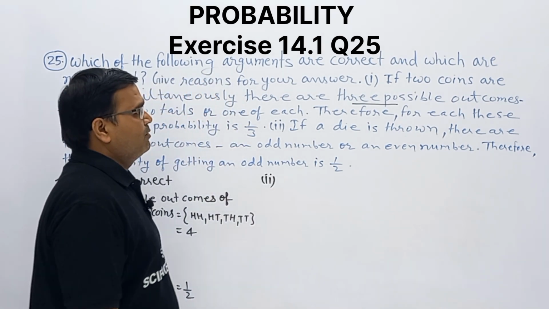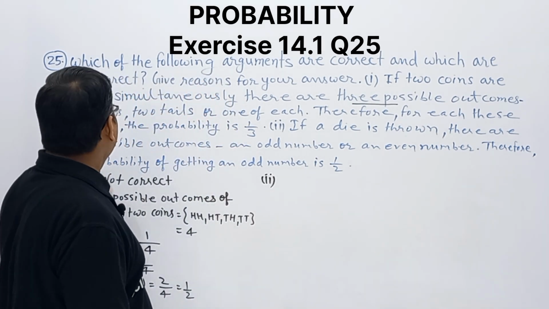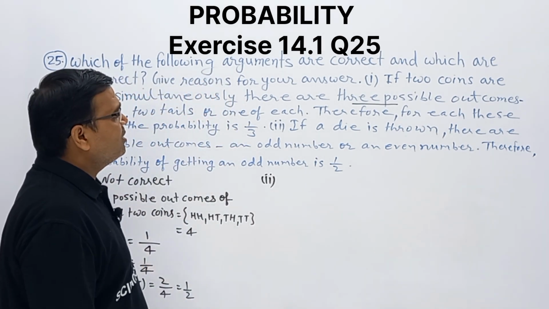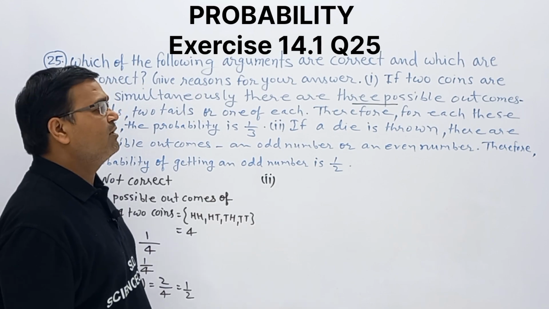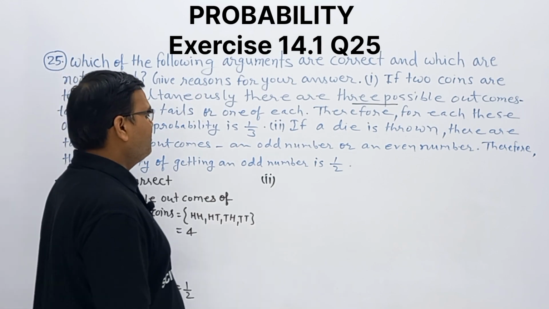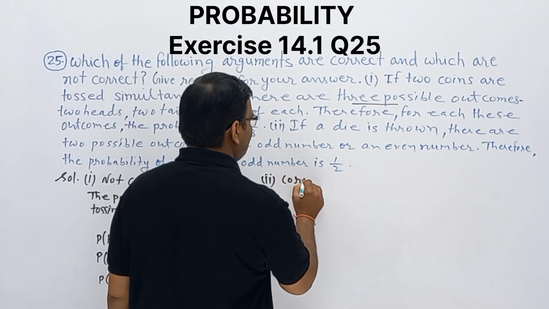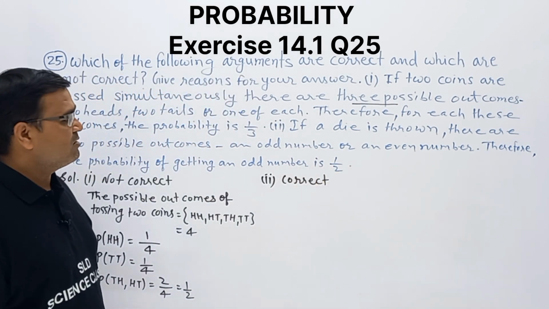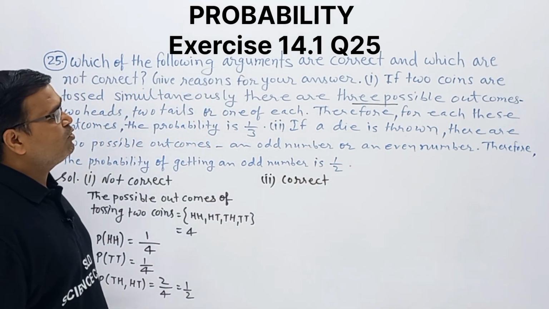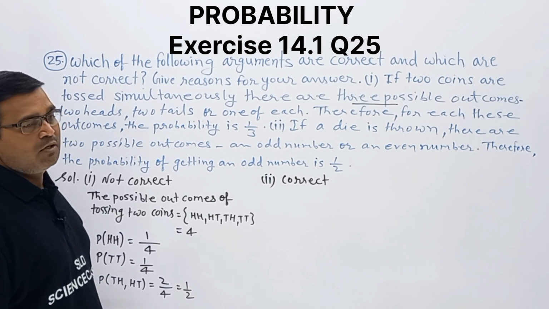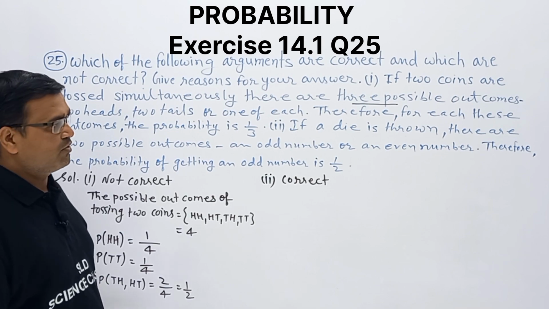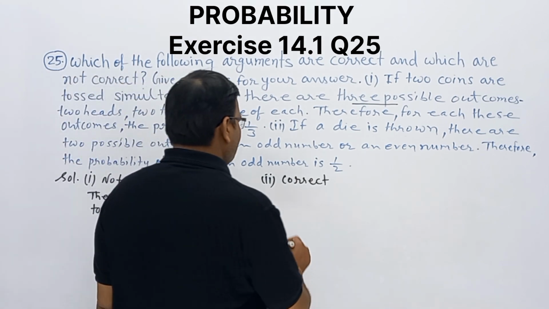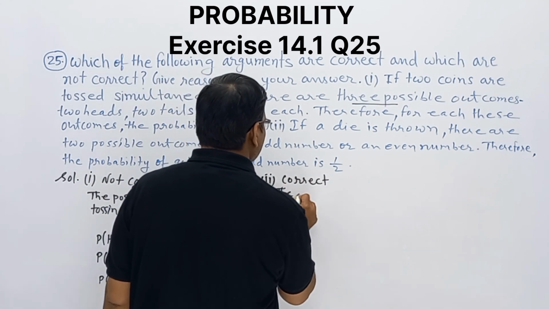Now the second one. If a die is thrown, there are two possible outcomes, odd numbers or even numbers. Clear? This second argument is correct, because once we throw a die, we get 6 possible outcomes.